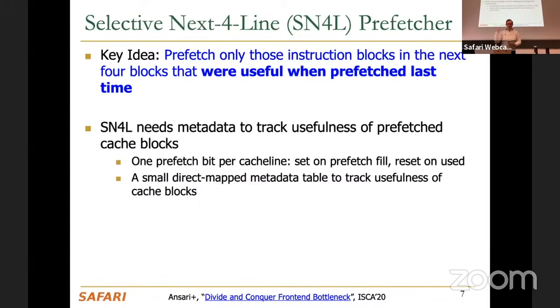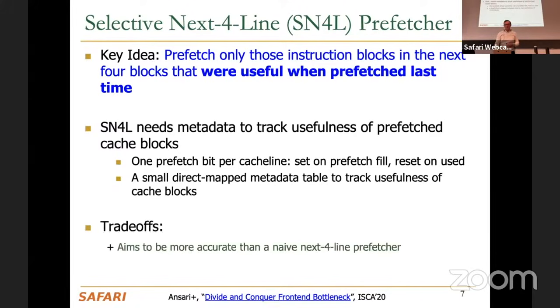So you add some metadata into the cache or the prefetch buffer, and you keep track of which cache blocks that you prefetched were useful, using one prefetch bit per cache line. Whenever you go through those instructions again, you decide which ones to prefetch and which ones not to prefetch based on past usefulness.